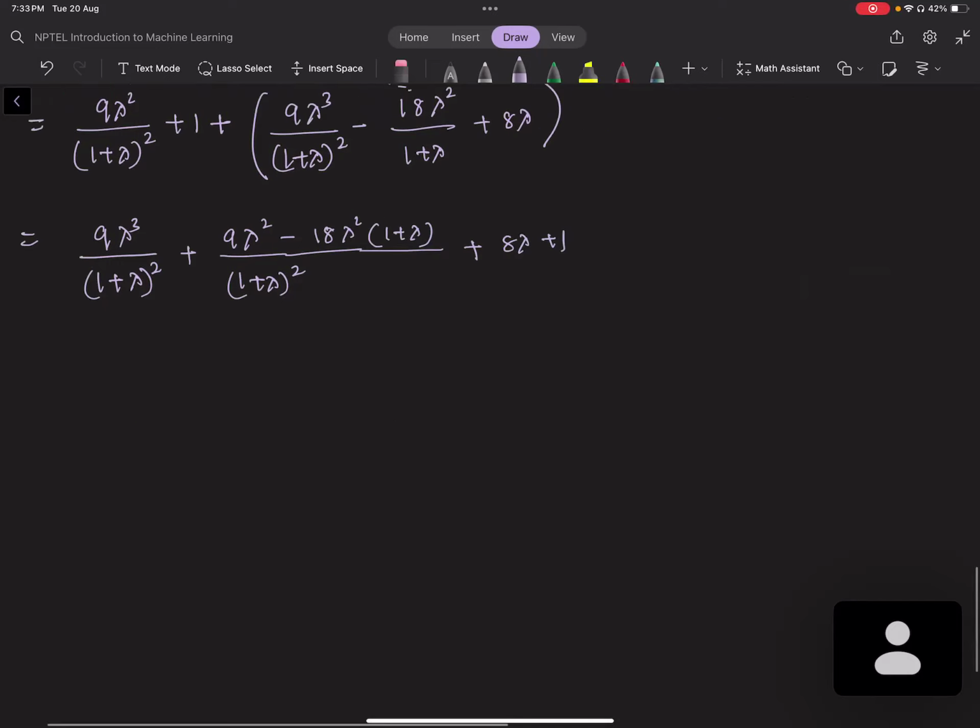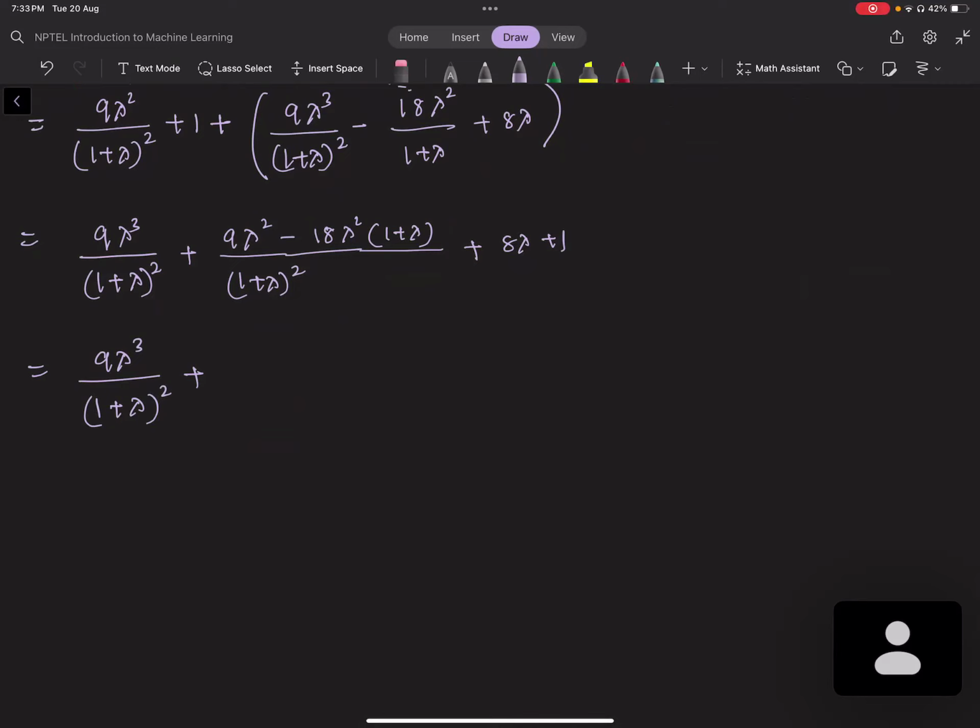It will take a bit of time, so hold with me. So it will be 9 lambda cube by 1 plus lambda square plus, it is minus 18 lambda square into lambda.